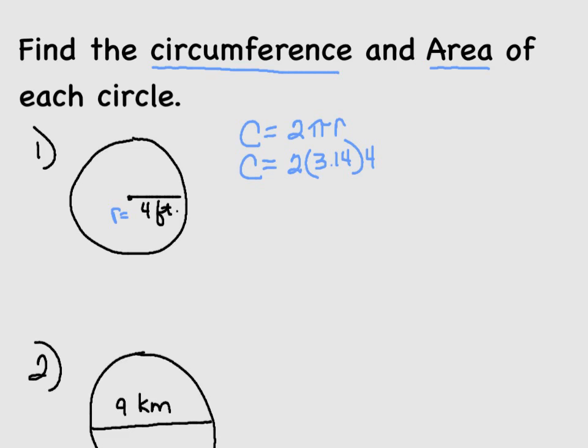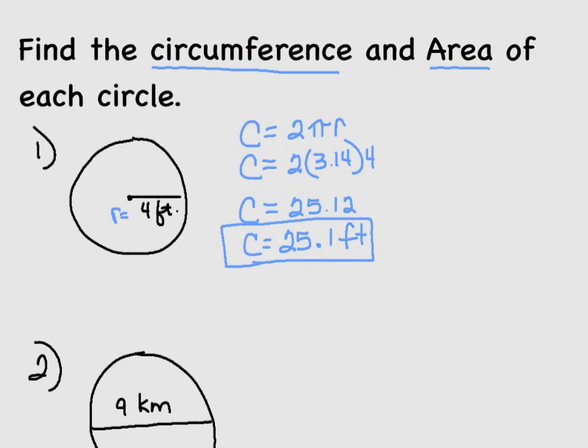With your calculator multiply 2 times 3.14 times 4, and we will be rounding all of these to the tenths place. Circumference equals, your calculator should read 25.12, but we'll call it 25.1 feet. That is the circumference of this circle.